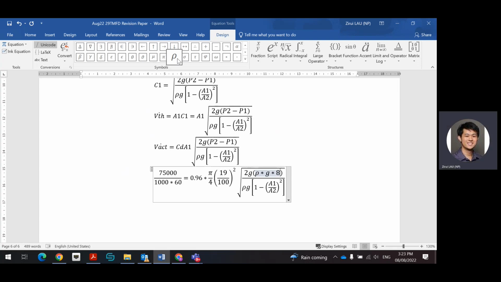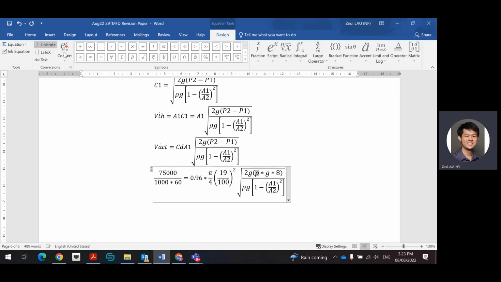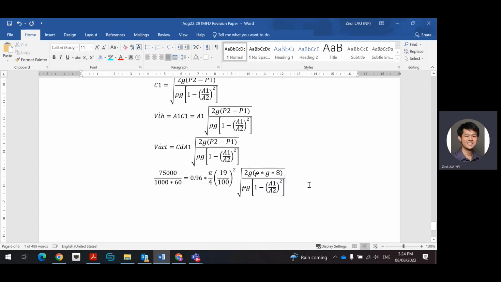So pressure drop is rho GH, right? So we use rho GH. But you can see that ultimately the density of the liquid, what will happen to it? You can cancel it off, right?